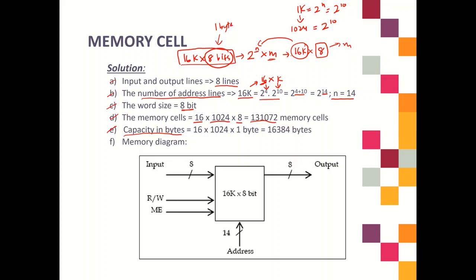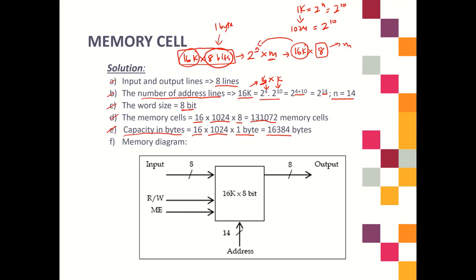So for capacity in bytes, you just multiply the value of 16K, which is 16 times K, and then times 1 byte, because 8-bit is equal to 1 byte. So you will get this value.